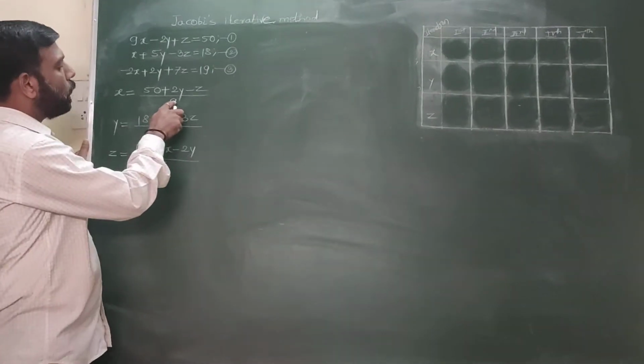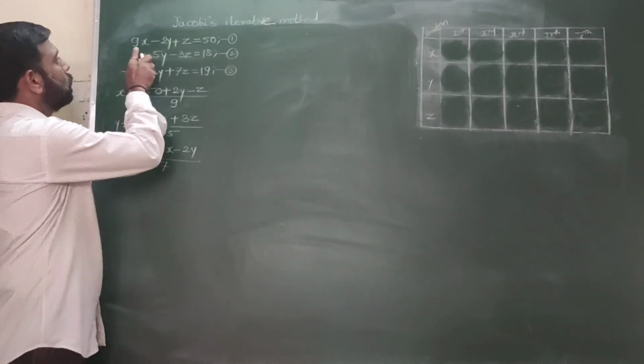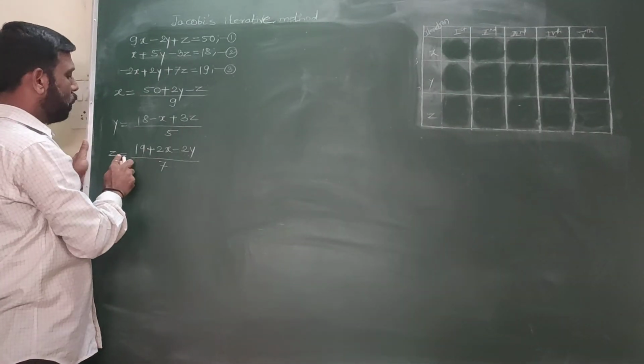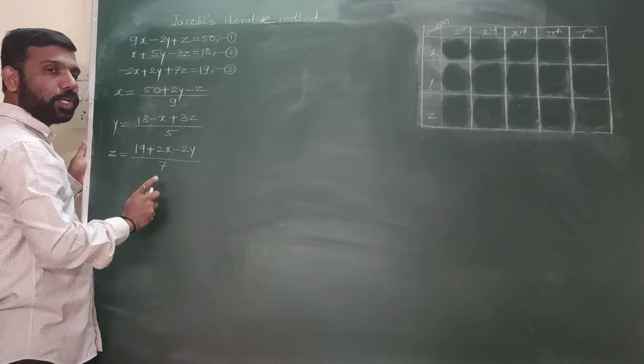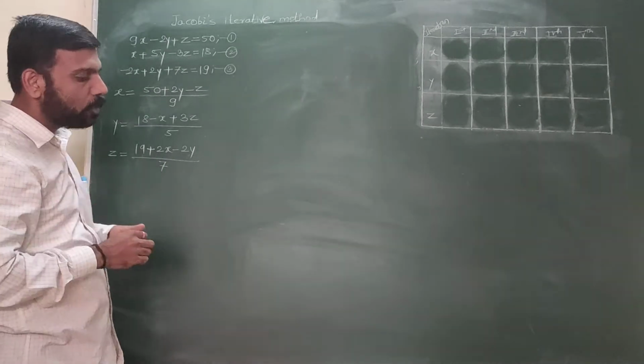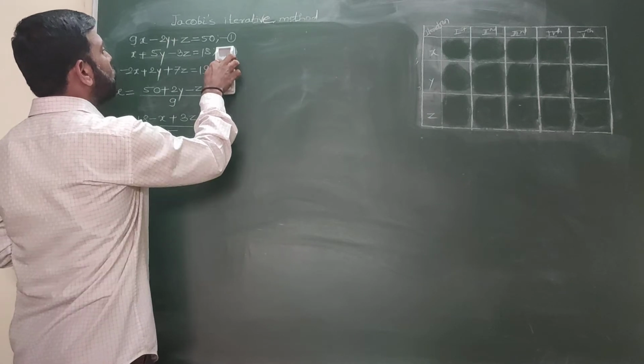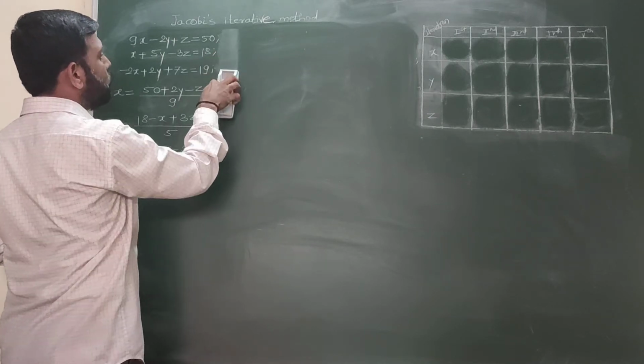In the denominator, we substitute the actual coefficient of x from the first equation, the actual coefficient of y, that is 5, and the actual coefficient of z, it is 7. Now we start with the first approximation, first iteration.